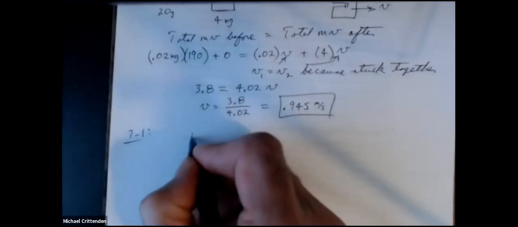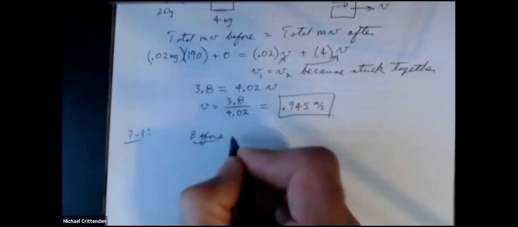Okay. Before and after. Total momentum in the before picture will equal total momentum in the after picture. That's where our equation comes from. That slightly resembles a gun.